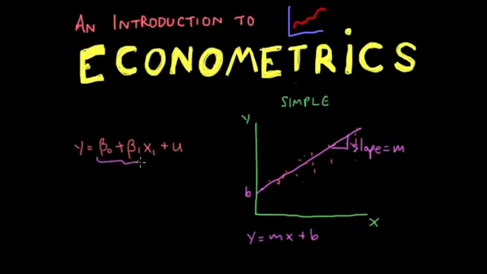This is the function for the line, the linear line. And then we have this error term, and this error term is not a constant. It changes as x changes, but we just leave it as this u, because what it is, it's the distance from this line to each individual point.